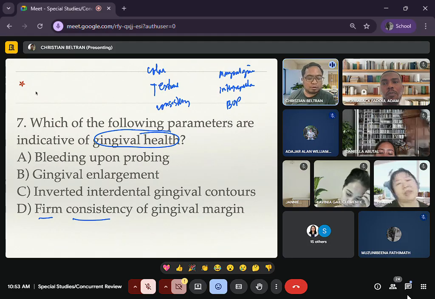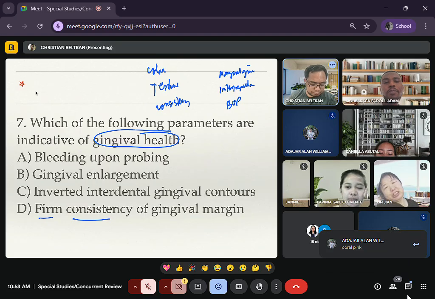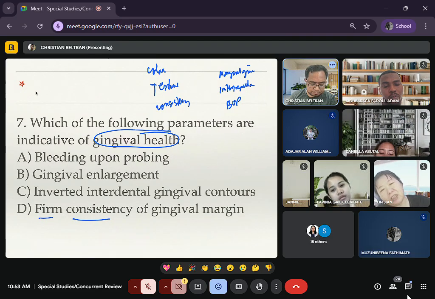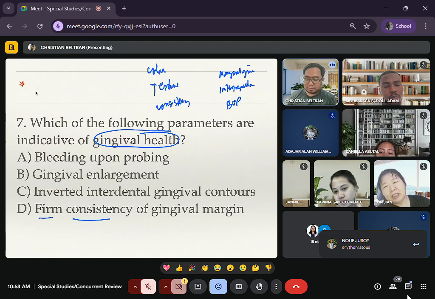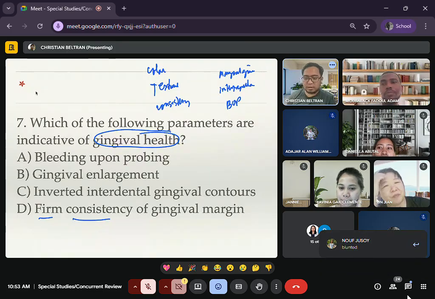What about the marginal gingiva, knife edge versus rolled, and the interdental papilla, pointed versus blunted? What about calculus texture? The calculus is more porous. What causes calcification of plaque? The minerals present in saliva. One property of saliva is that it kills bacteria.